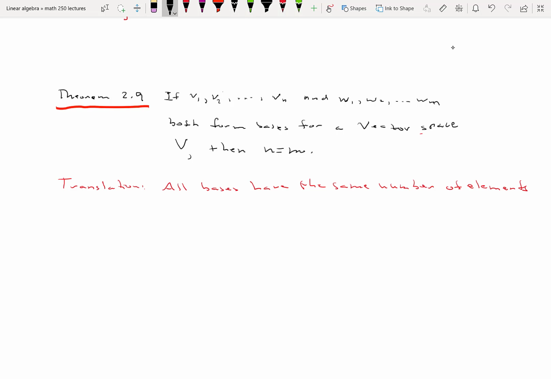This I'd like you to see the proof for. Okay, so here's a proof. It's a very simple proof, actually, based on the lemma that we just looked at. So let's start with two bases.